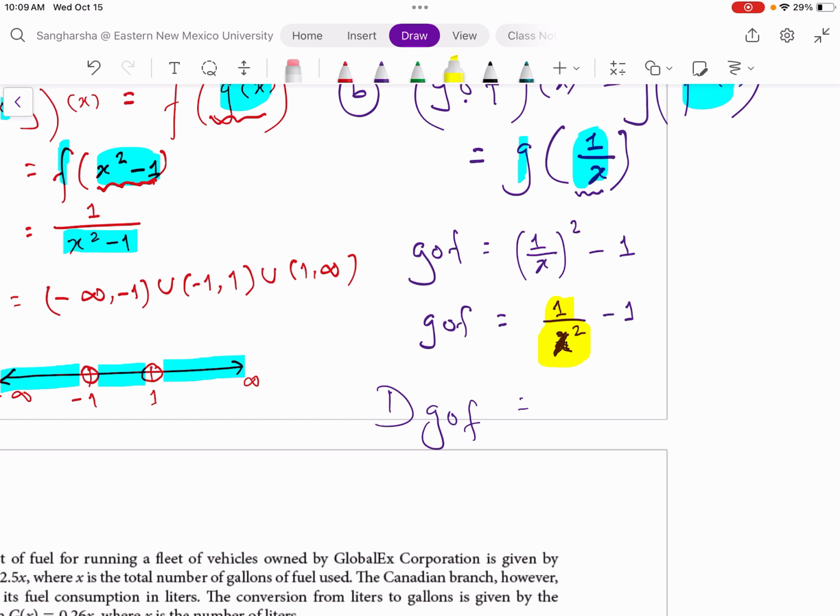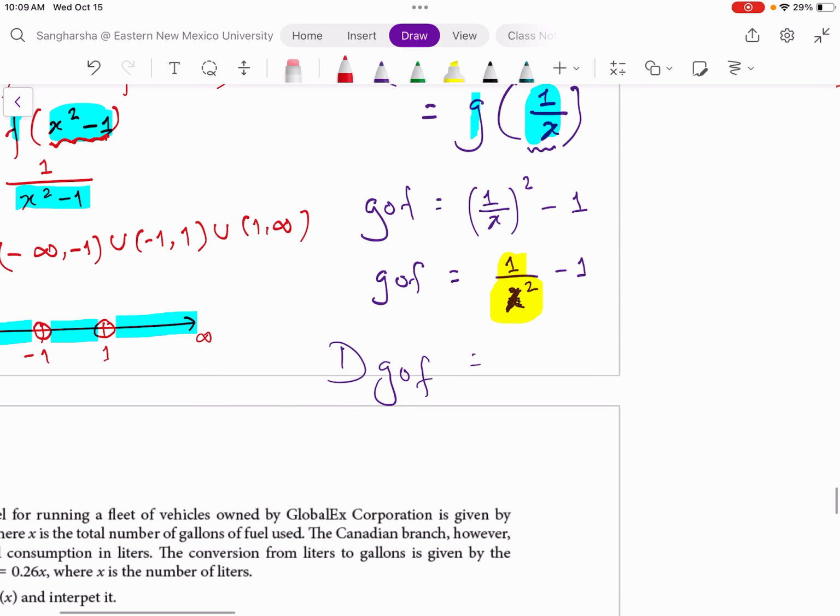Whose square is 0? Square of 1 is 1. Square of -1 is +1. But we want the square of some number to be 0. It has to be 0, right? So the square of 0 is 0. It means 0 is not in the domain, but every other number is in the domain.